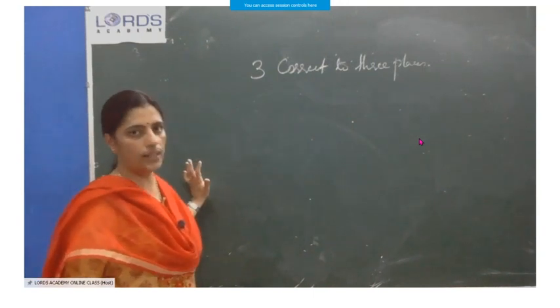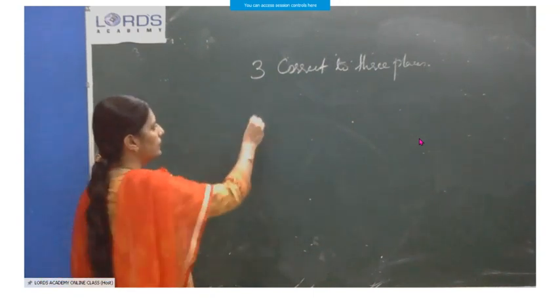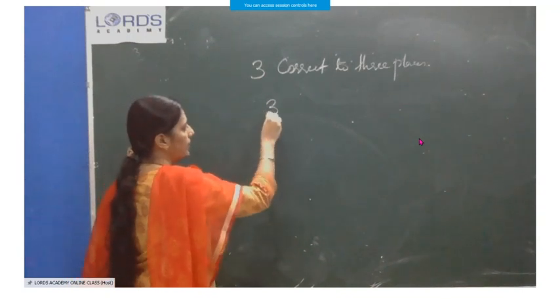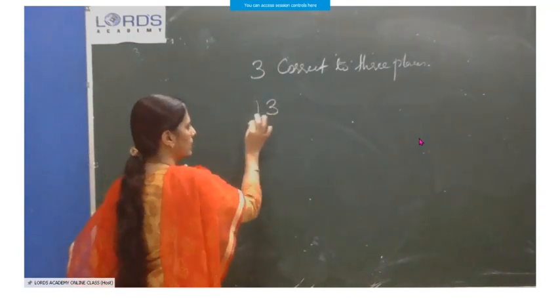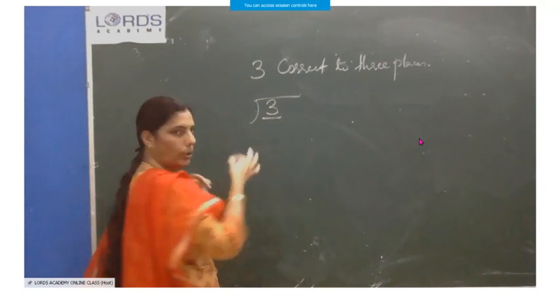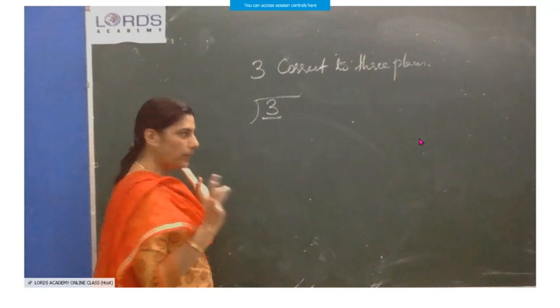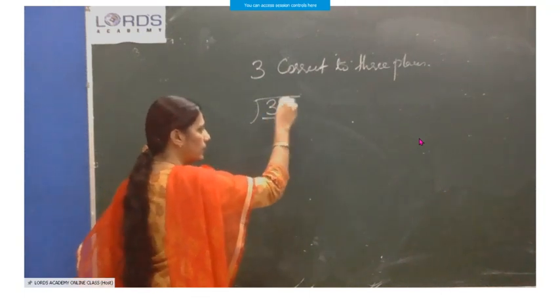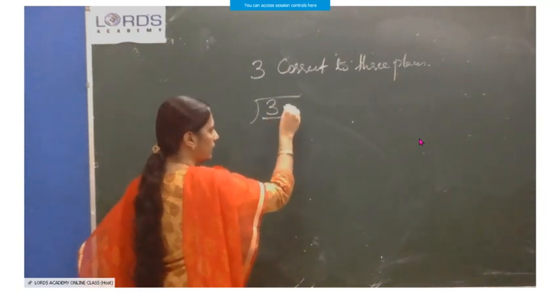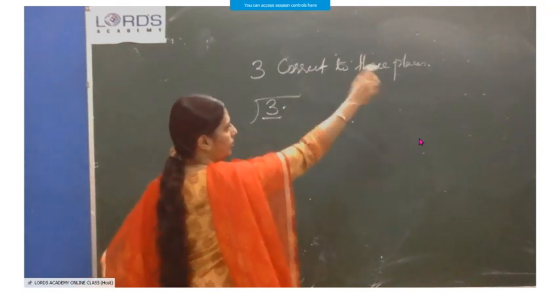All of you listen here. I will give you the time to copy. 3. And how to group it? Only one number, so 3 alone. Whole number part, 3 alone. Then decimal part, nobody is there. But we need some more because they want 3 places.